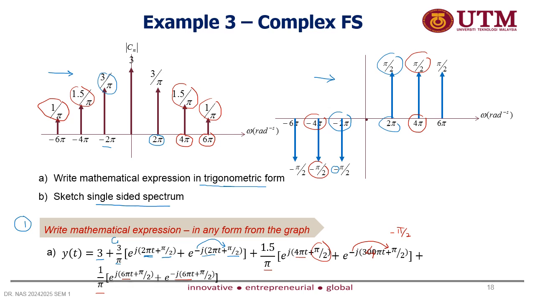At positive 6 pi it is positive, and at negative it is negative. So you already have the exponential Fourier series in hand. From this exponential Fourier series, you can convert this equation into trigonometric form.